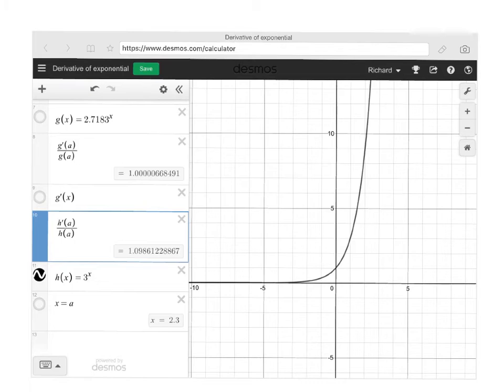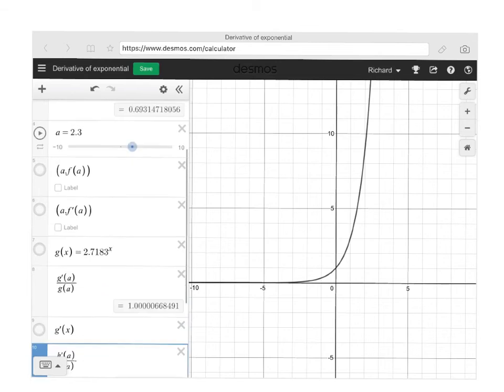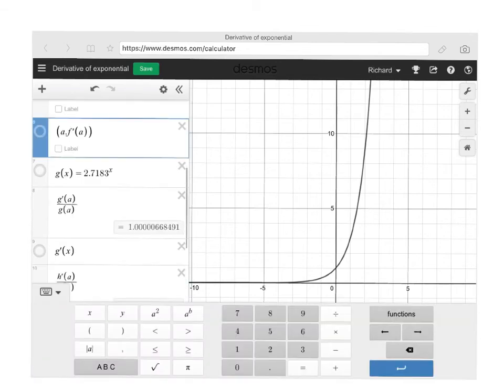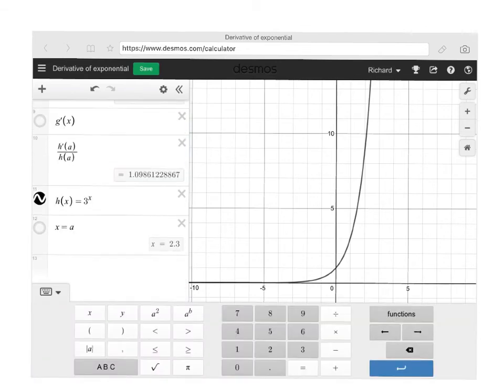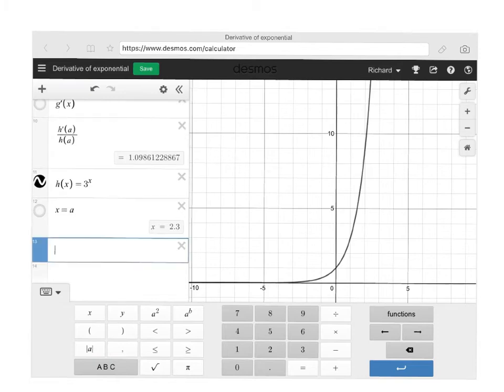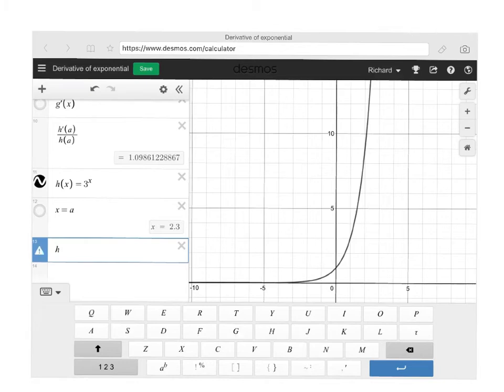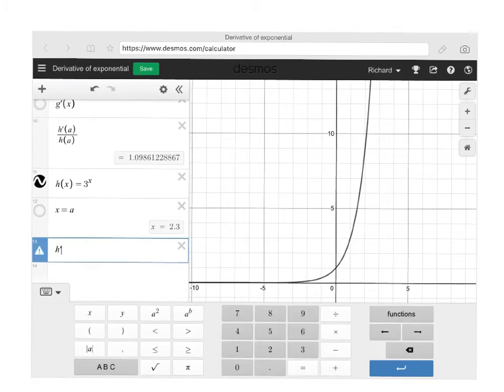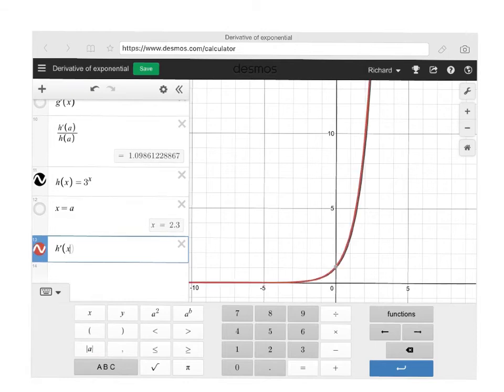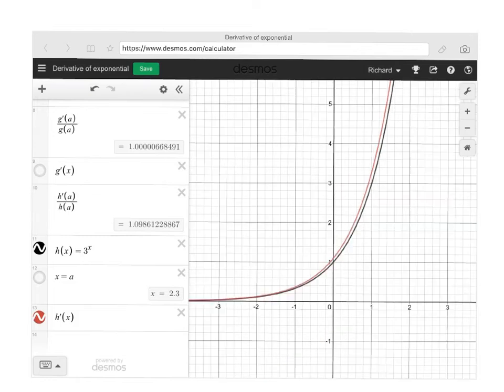And then I need h prime of x. Did h prime of x disappear on me? Oh, it looks like it did. Okay, that's fine. We can do h prime of x. Notice now if I zoom in, I should have h prime of x as the dashed line there. So our prediction is true.